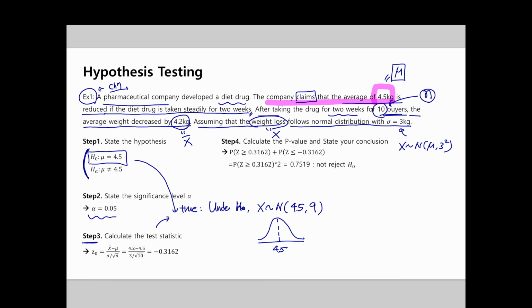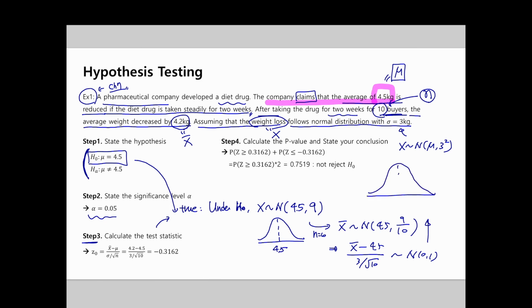Therefore the distribution of sample mean x bar also follows normal with variance 9. That is, x bar minus mu over its standard error follows standard normal distribution, like this.